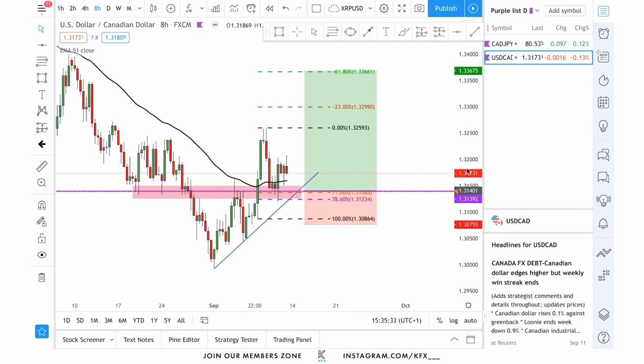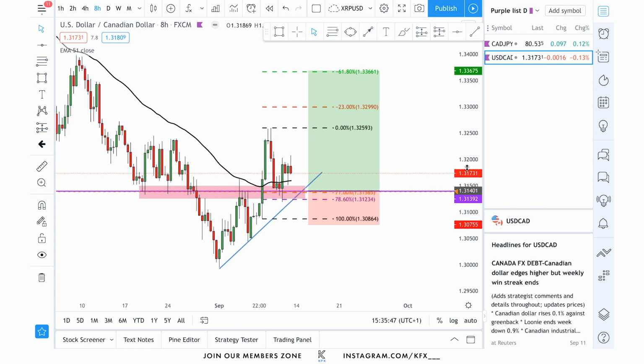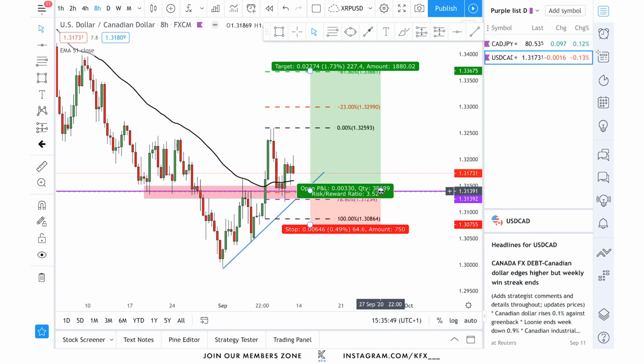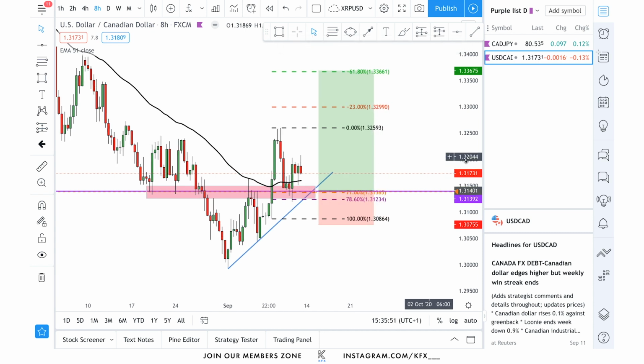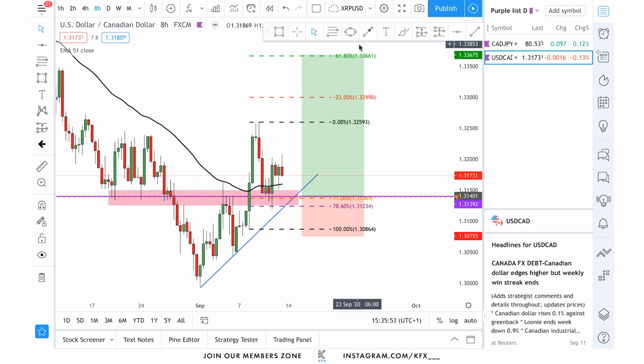We have the ascending trend line. We got the 8-hour EMA. We got the psych level 1.31500. We've got previous candlestick rejection already. We got structure, and I think that's it, to be fair. So that's like 4 or 5 confluences. This is looking really nice.